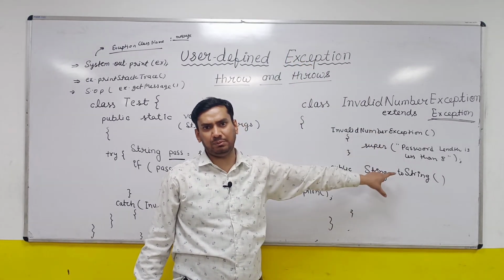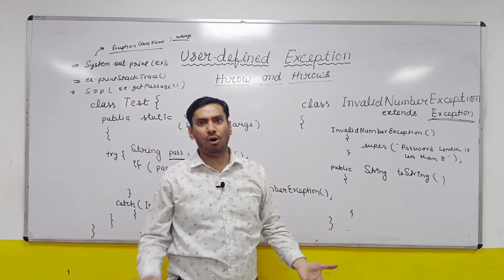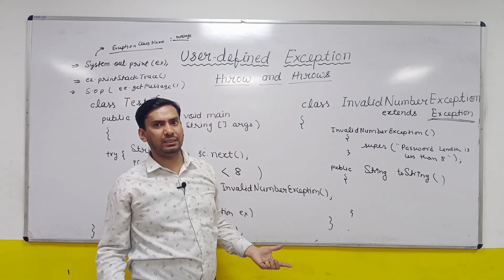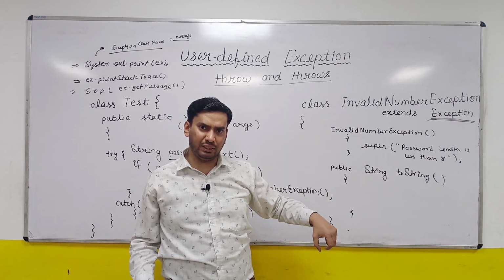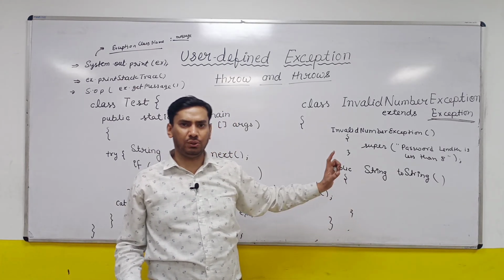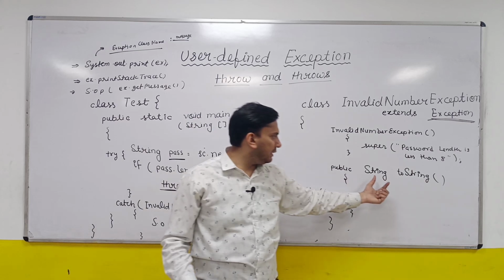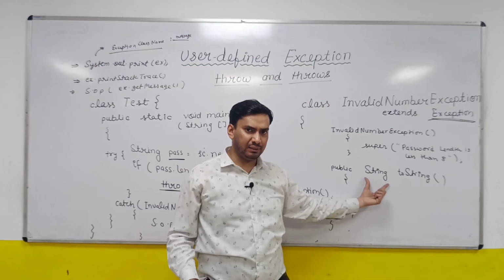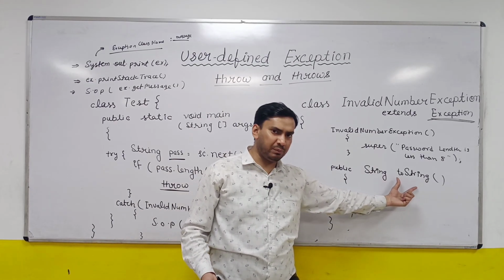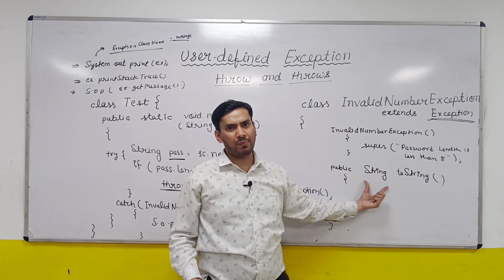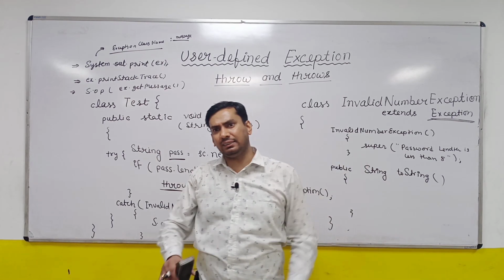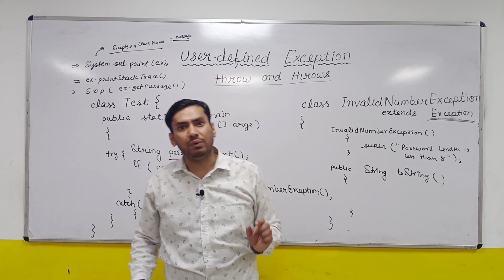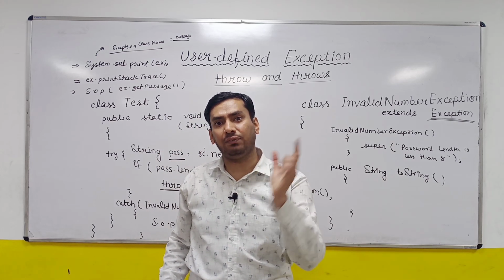So every class gets this method, and you have all the rights to override this method, right? The String class has overridden it, the Exception class is overriding this method, you can also override it. So this method has a return type String. Whatever you return from this toString method, the same thing will be printed when you print the object of the class.